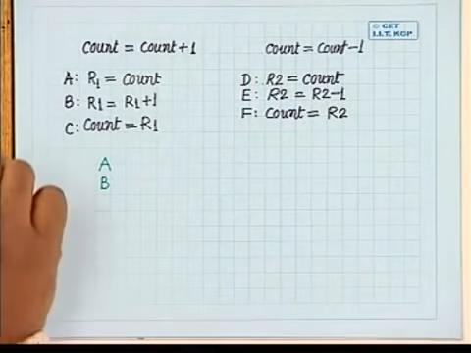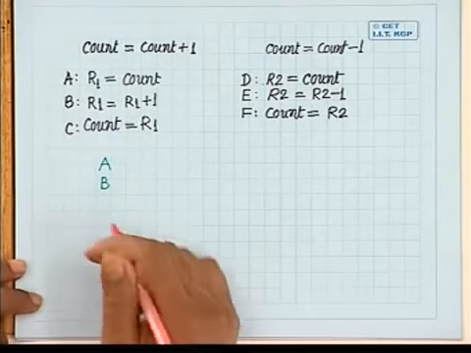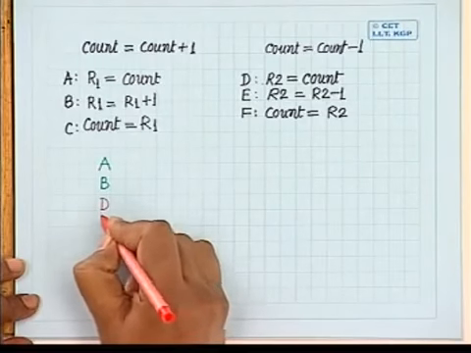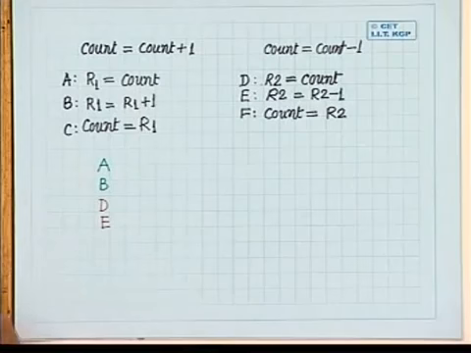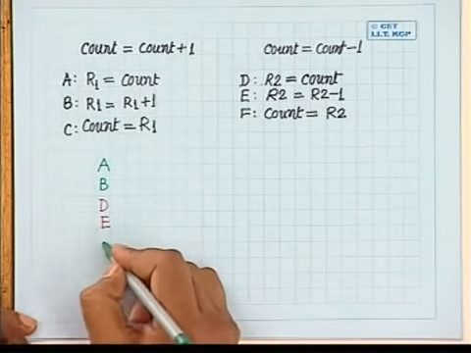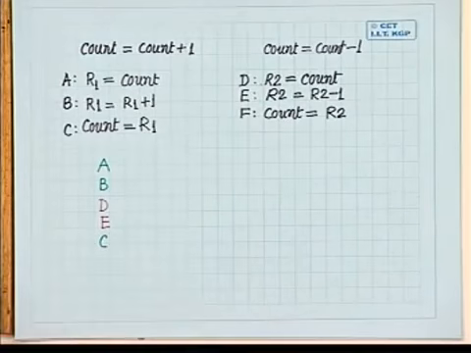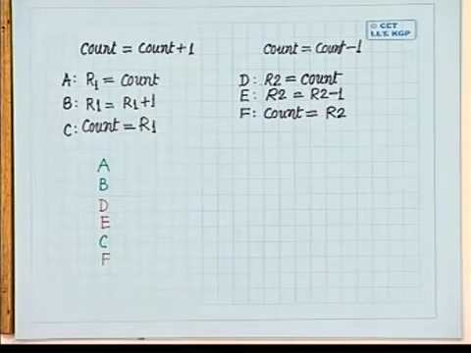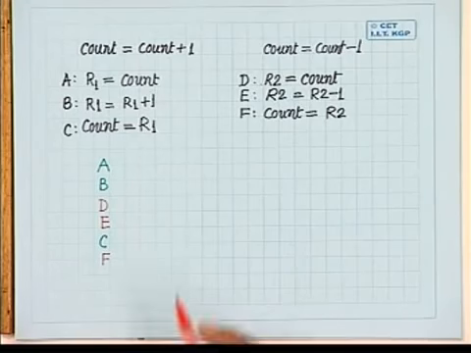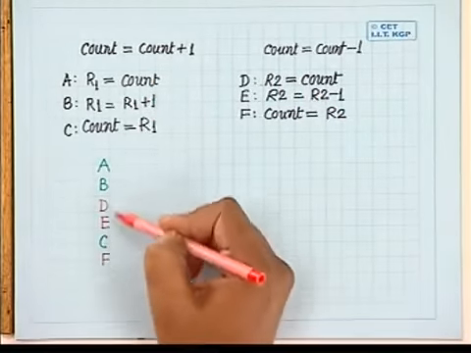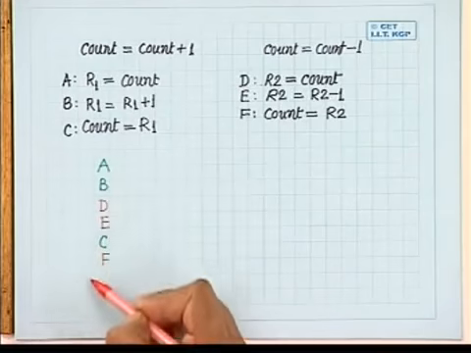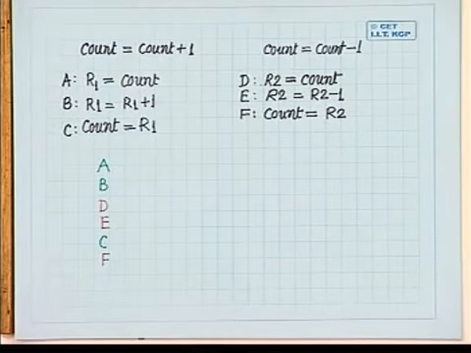After that, the statement which is executed is D from the consumer process, E from the consumer process, followed by C from the producer process, followed by F from the consumer process. There is a possible scheduling. The CPU scheduler or the process scheduler may schedule these tasks in this interleaved manner. Okay. So when the task is scheduled in this interleaved manner, let us see what problem we can face.